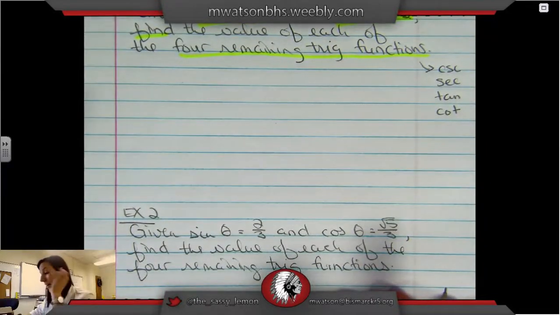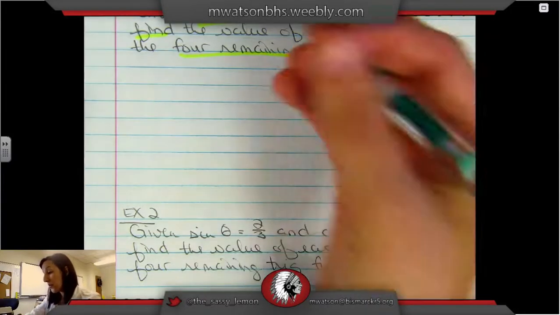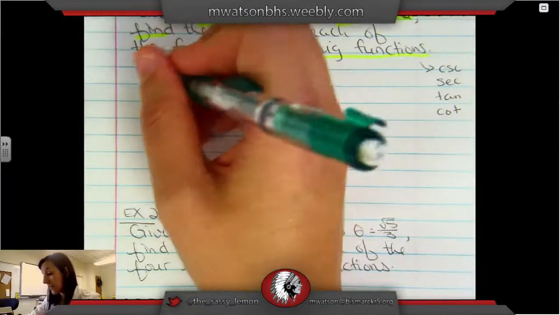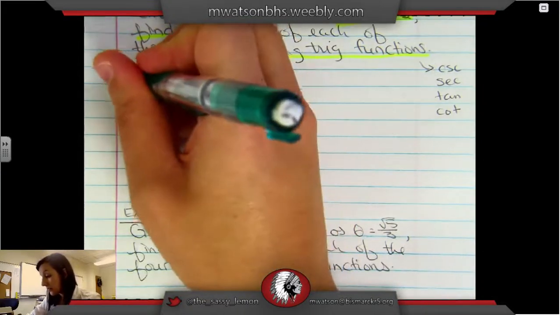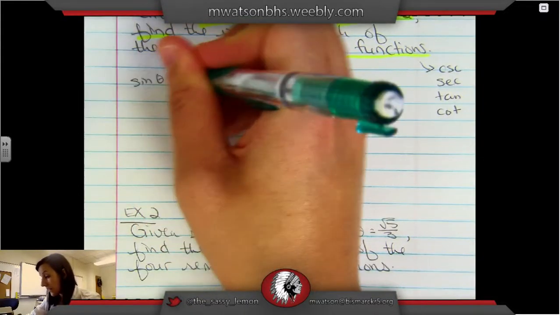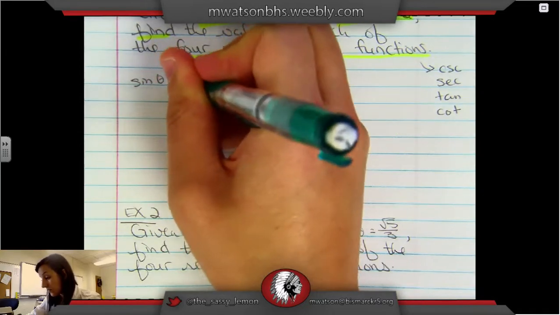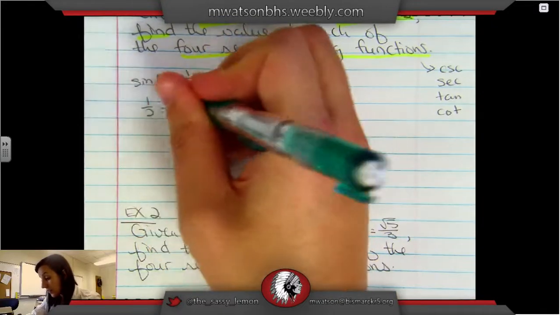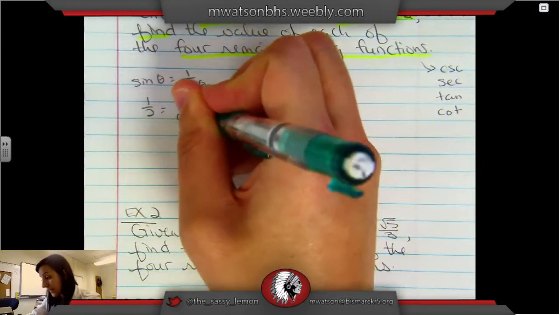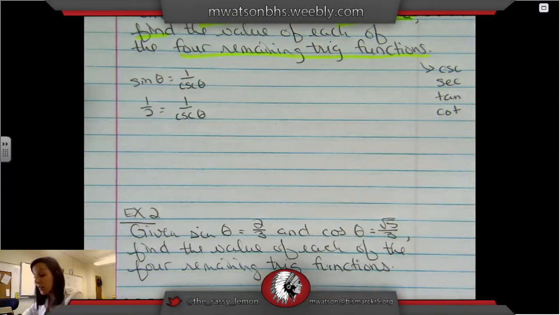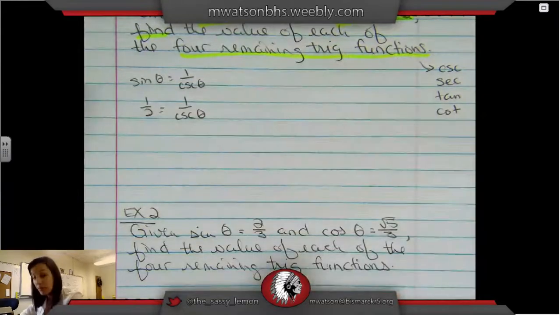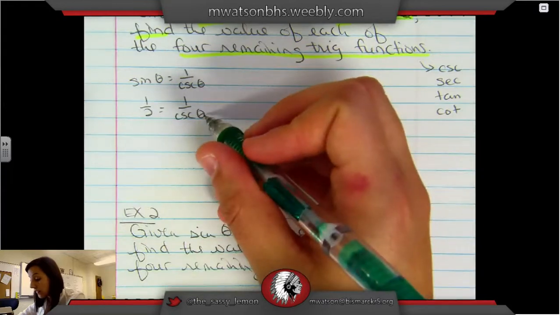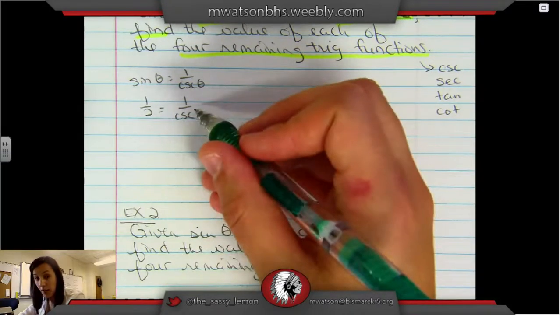So we know that sine of theta is 1/2. So we can also write, let's write out that identity. That means that 1/2 is equal to 1/cosecant of theta. Then we can solve this equation for cosecant theta. Since the cosecant theta is in the denominator, that's acting as our variable.